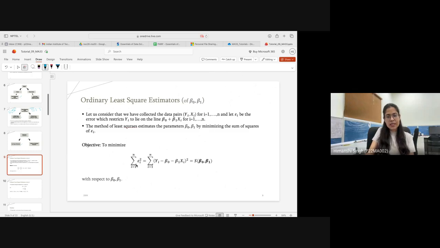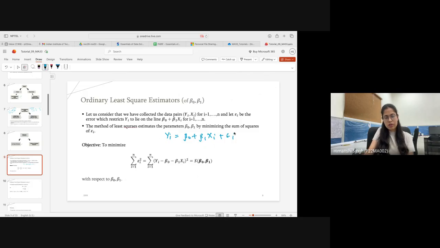So what is epsilon i? Our model was that yi is equal to beta naught plus beta 1 xi plus epsilon i. So this epsilon i is yi minus beta naught minus beta 1 xi. I want to sum the square of this error.